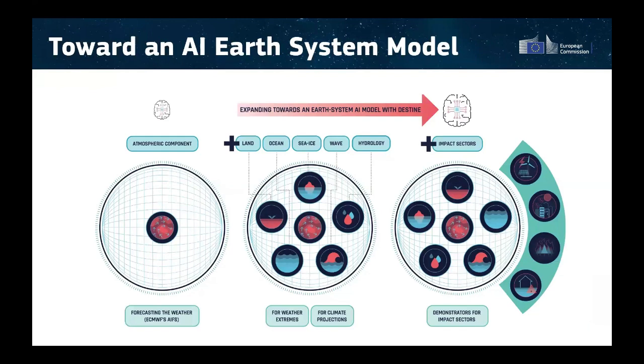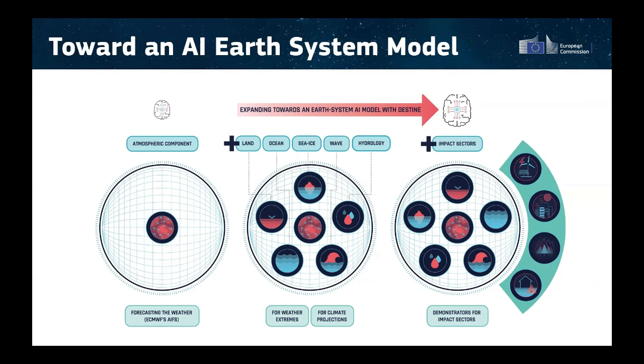Now we are moving to an AI Earth system. First, ECMWF, for instance, was the world premiere in releasing the IFS and then the Ensemble AIFS last year, which is a global AI-powered forecast system.